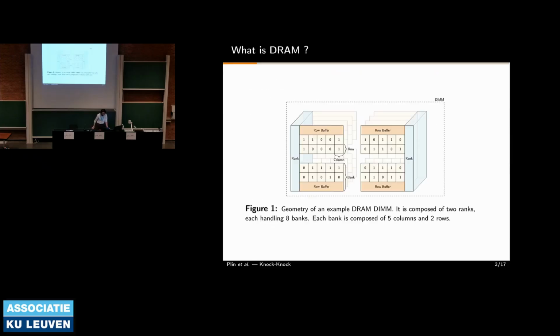So first, before talking about mapping, we have to know what we are mapping exactly. DRAM is a component that has different levels of hierarchy. So we have ranks, banks, and each bank is a grid composed of multiple rows and columns.